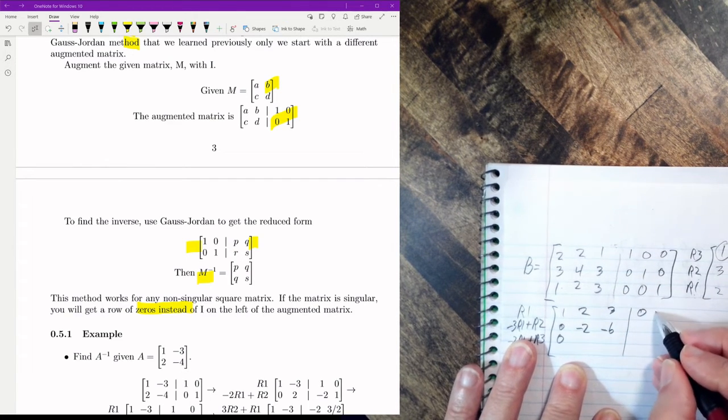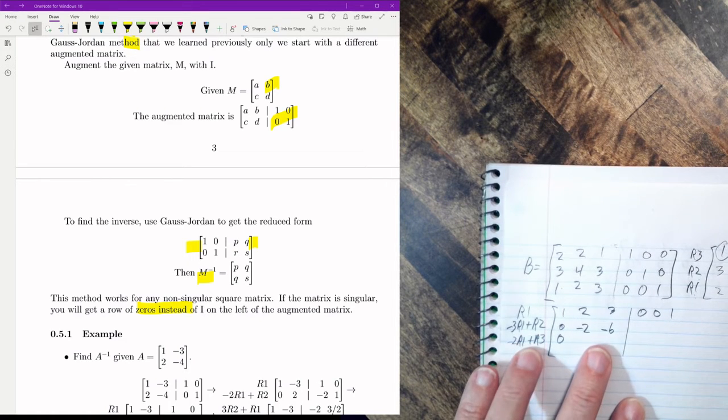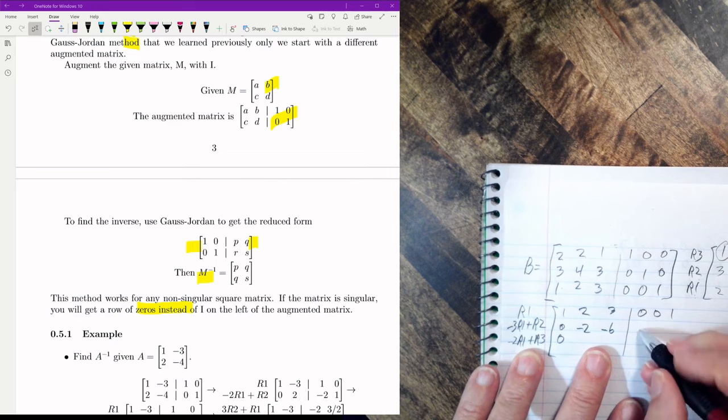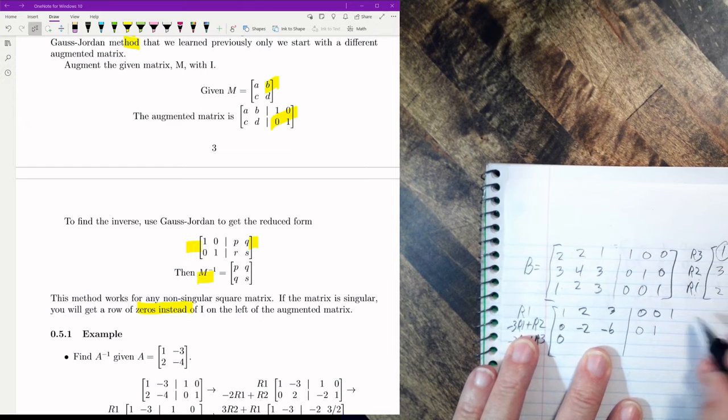Sorry, just continuing this out. 0 plus 0 is 0. 0 plus 1 is 1. And minus 3 plus 0 is minus 3.